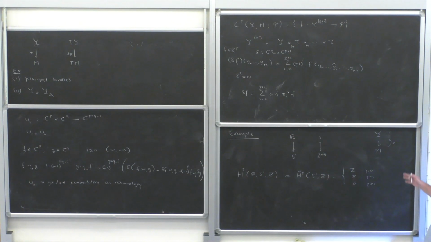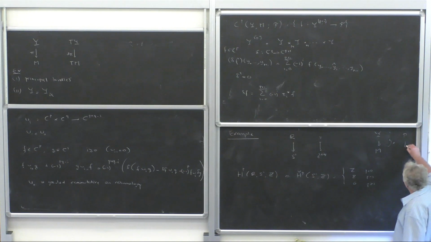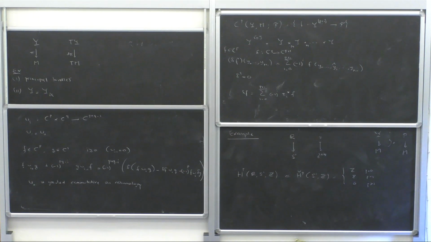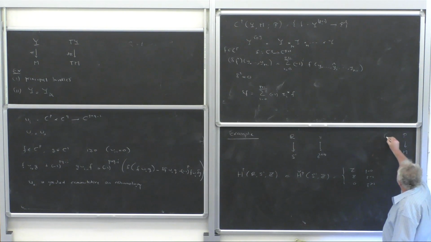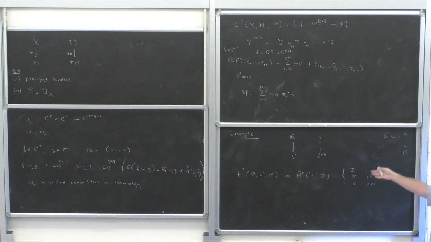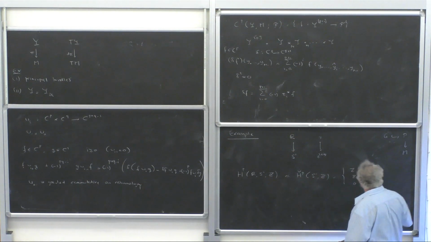In general, if you take a principal bundle, well, this I'll come to tomorrow, but if you take a principal G bundle and compute its submersion cohomology, you'll find it's just the group cohomology of G, which is not equal to the cohomology of P, but sees part of it. Okay, but I'm running ahead.